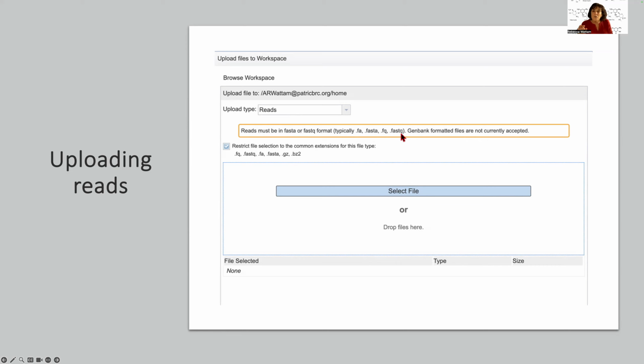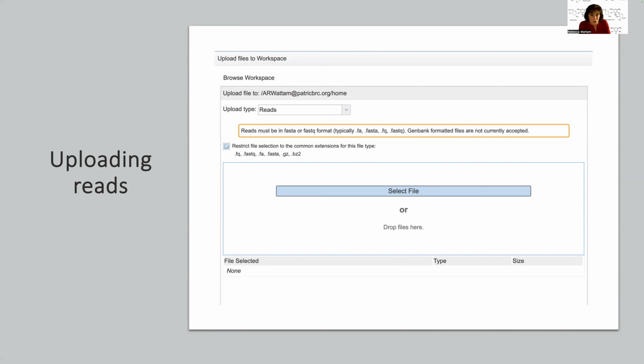And we also accept zipped files, so they can have the zip notice on them too, ending in .gz. You can change the tags from your workspace. I've had people who had pictures of gels that they had tagged as a FASTA file, and they didn't know why their assembly failed, because it was a FASTA file from their perspective.